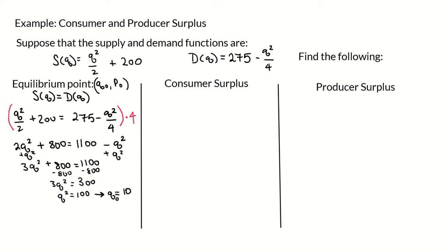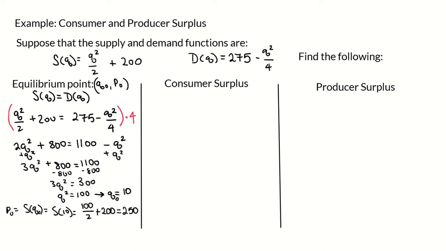So now to get our P naught value, we can plug into either equation, either S of Q or D of Q. So P naught will be S evaluated at Q naught, so S of 10, which would be 10 squared, 100, over 2 plus 200. 100 over 2 is 50, plus 200 is 250.